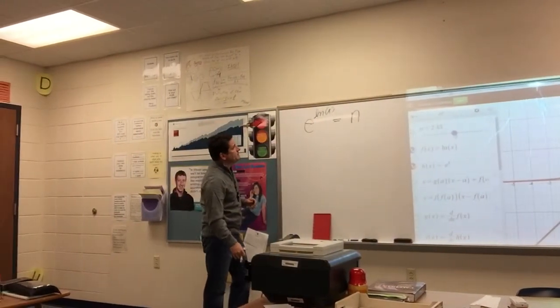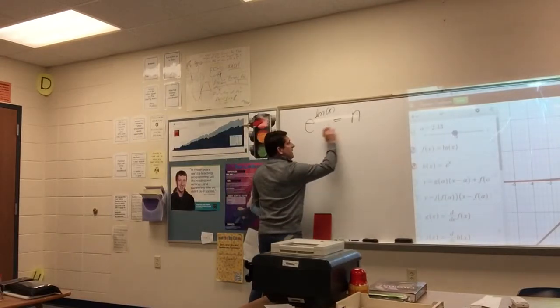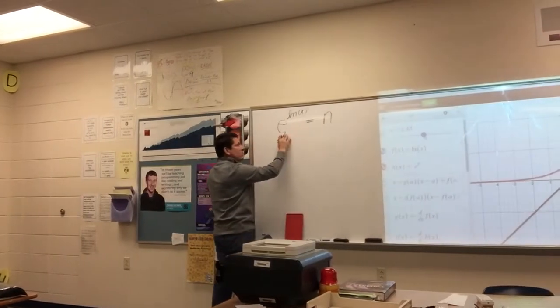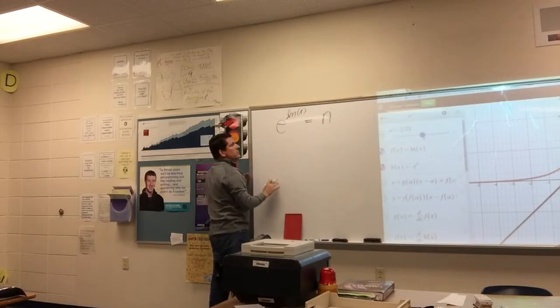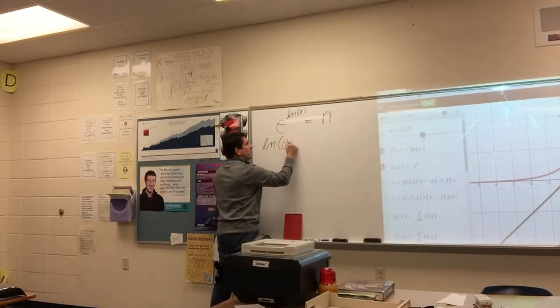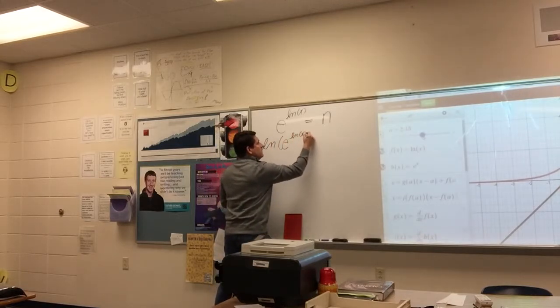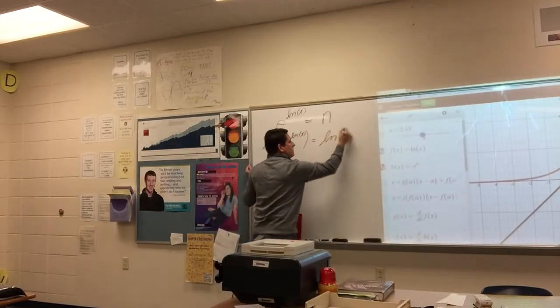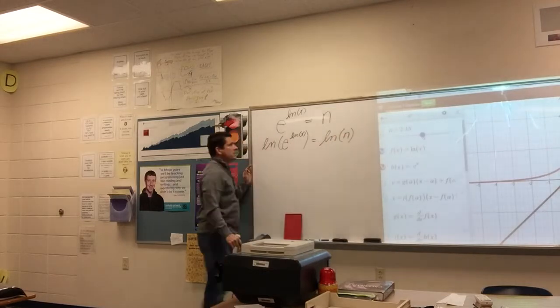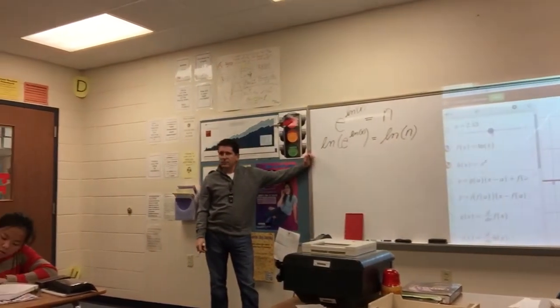So, if I just say I don't know what it is, but I'm going to work with it, I can set it equal to n. So now what I'm going to do is take the natural log of both sides. Totally legal to do this. Take the natural log of the left side and the natural log of the right side.